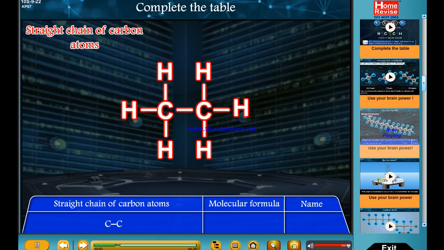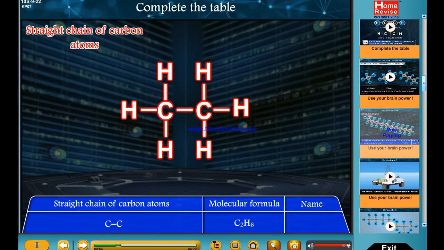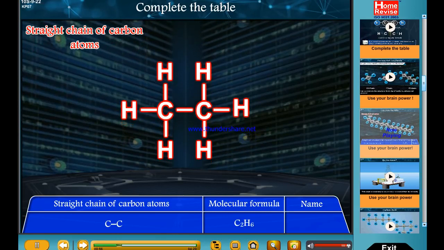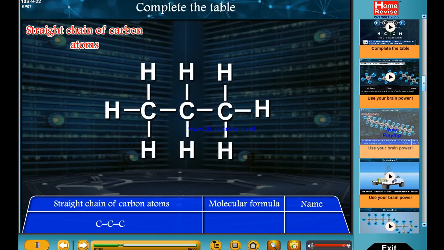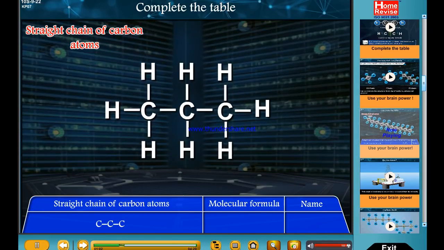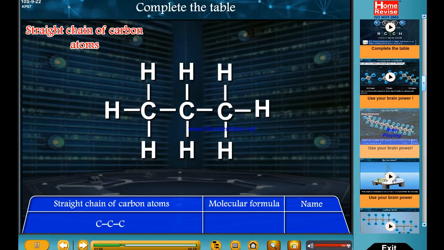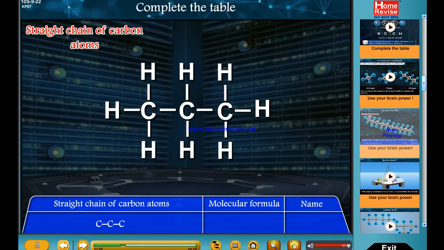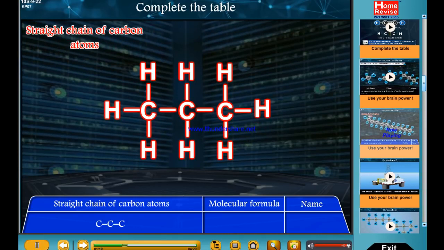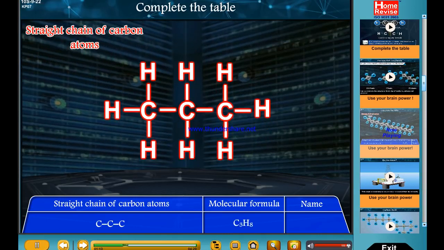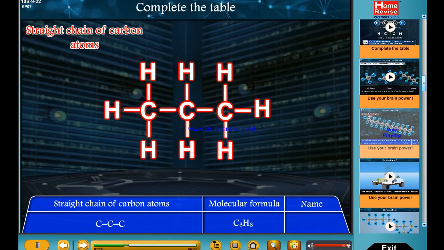Molecular formula is C2H6. Name, ethane. Straight chain of carbon atoms is C single bond C single bond C. This is the structural formula. Molecular formula C3H8. Name, propane.